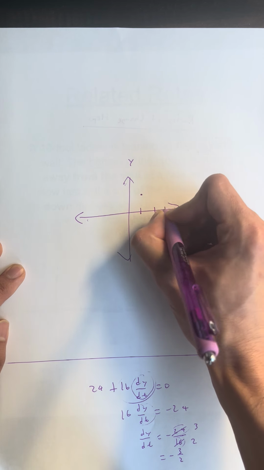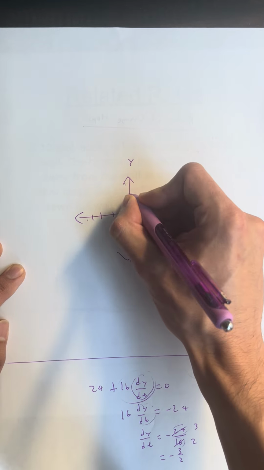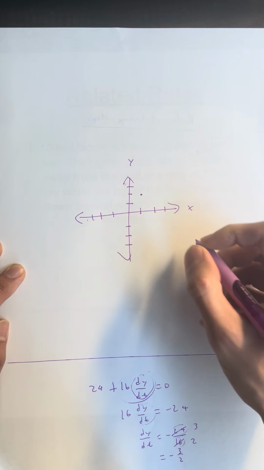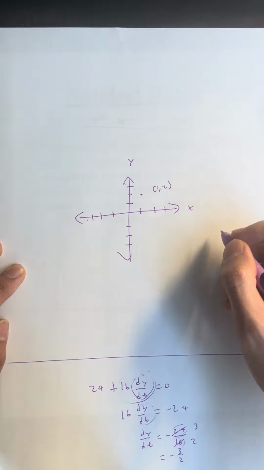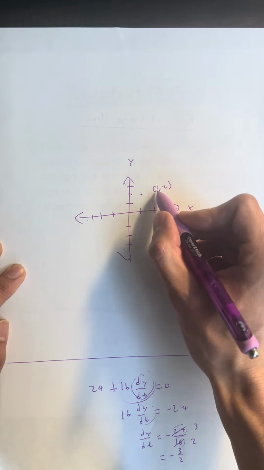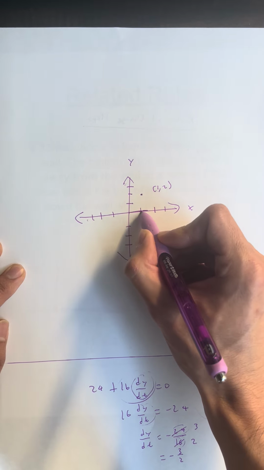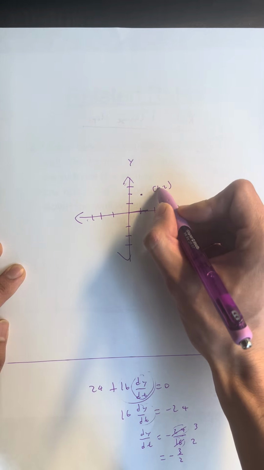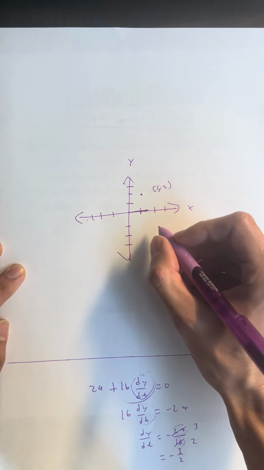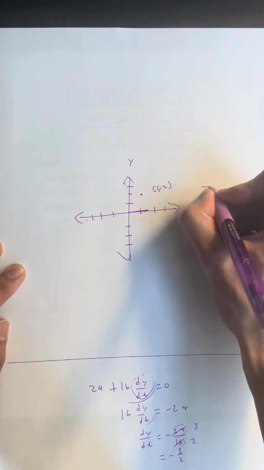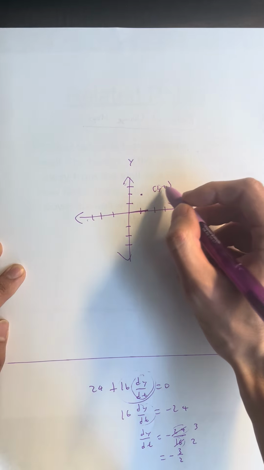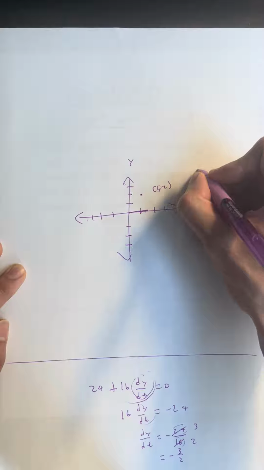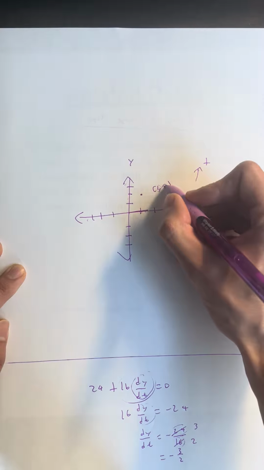Let's say I wanted to plot 1, 2. When I plot 1, 2, if I go to the right, that's for whenever this is positive. So go to the right whenever the x-coordinate is positive, and go up whenever the y-coordinate is positive.